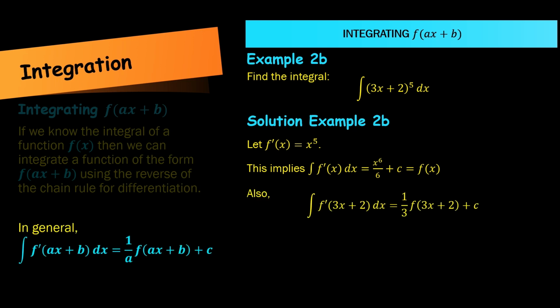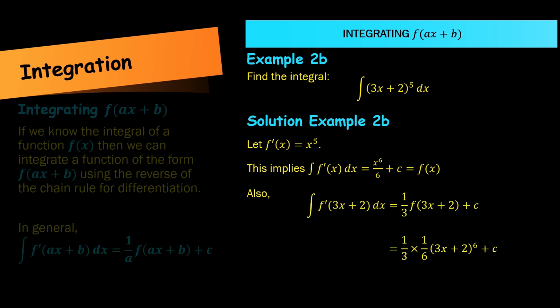We can now apply the general formula on the left-hand side of your screen, as shown. So ax plus b equals 3x plus 2, and a in particular is equal to 3. So we have that the integral of f dash of 3x plus 2 dx equals a third f of 3x plus 2 plus the constant of integration.